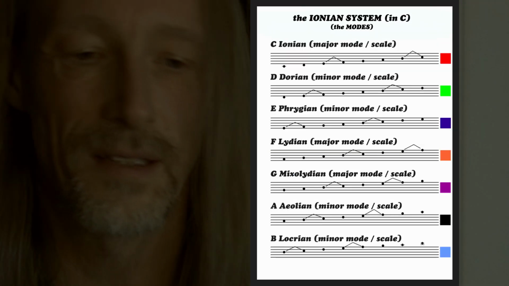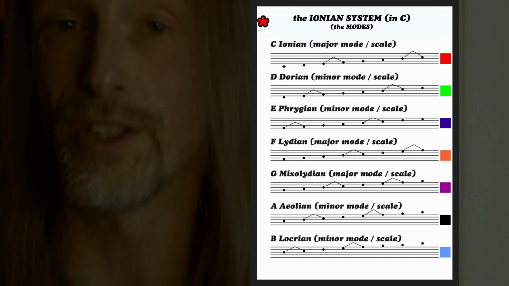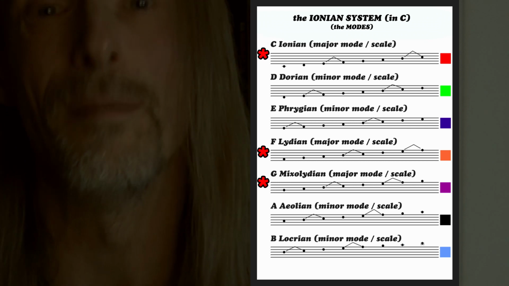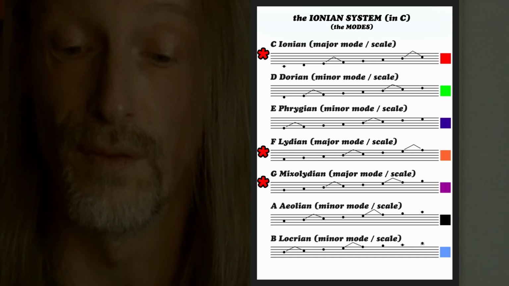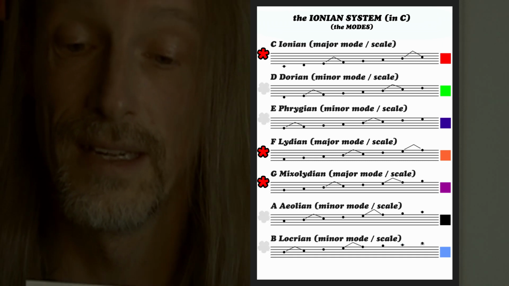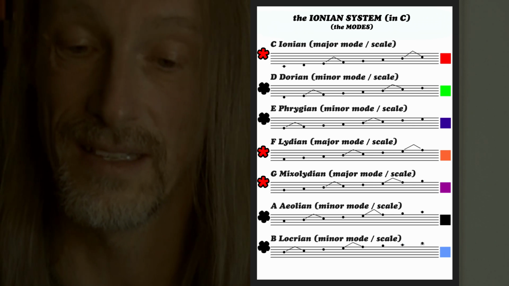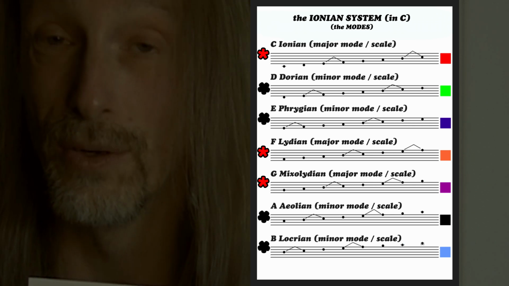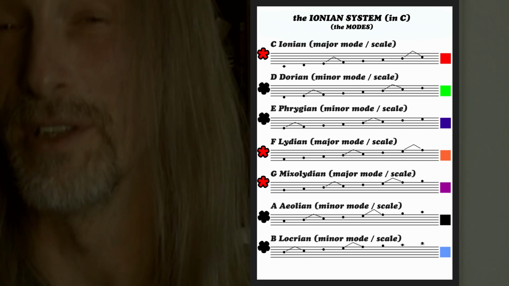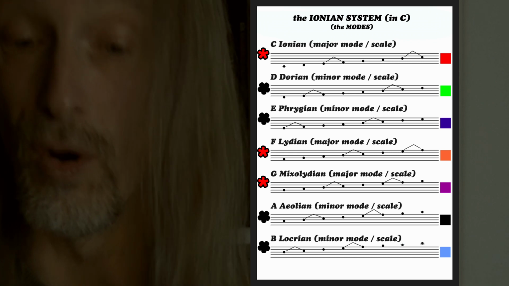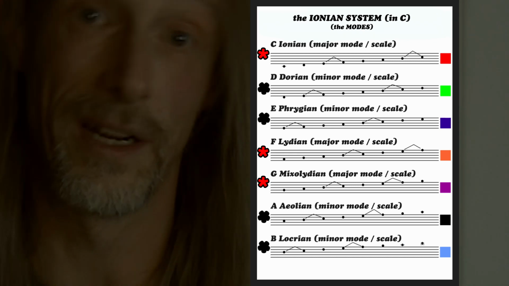If we categorize the Ionian system, the church modes, into minor and major scales, we have 3 major scales: the Ionian, the Lydian and the Mixolydian, the 1st, the 4th and the 5th. The 2nd, 3rd, 6th and 7th, the Dorian, Phrygian, Aeolian and Locrian scale, Locrian with that extra diminished 5th, are all minor scales. 3 major scales, 4 minor scales.